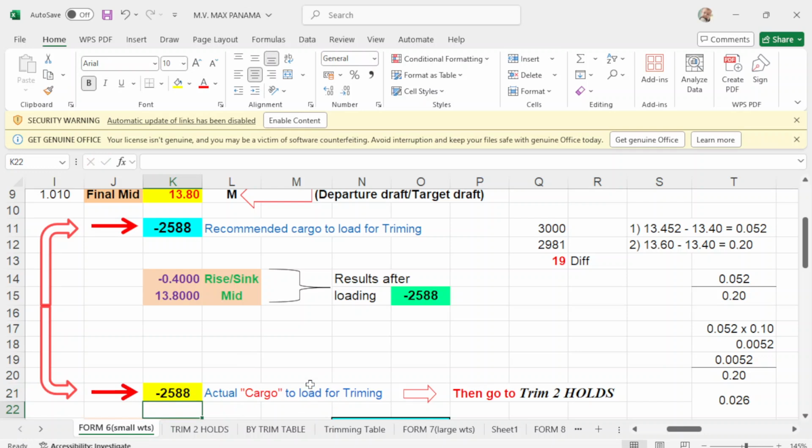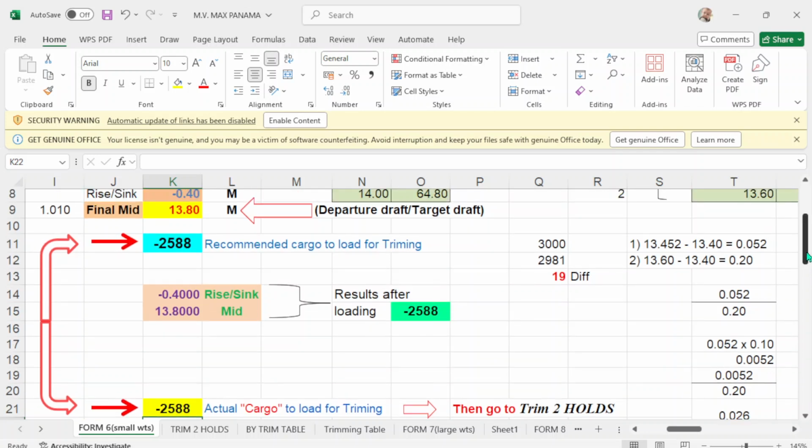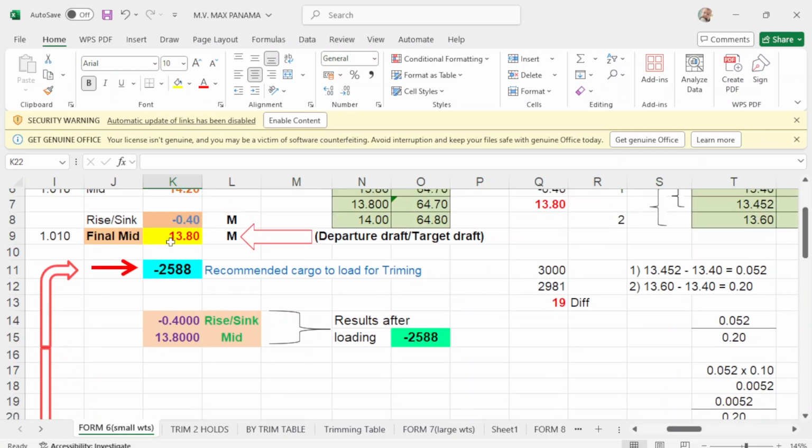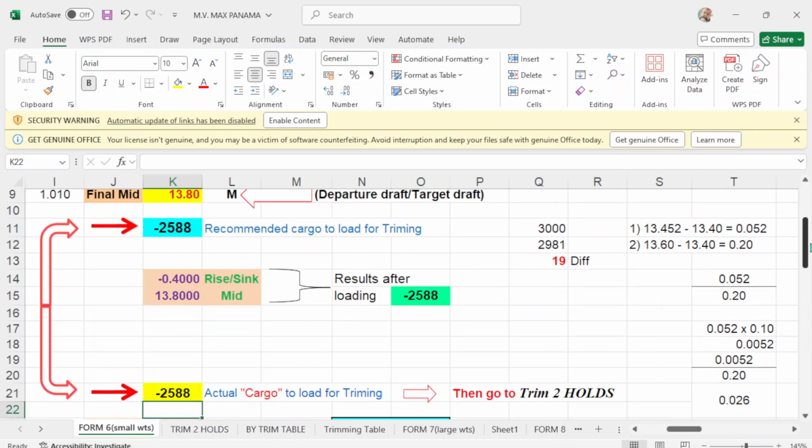What will be the result if you discharge this total amount? Your mid is 13.8, which is exactly the same here, and your rise is negative 0.40, which is the same. Okay, so that is already confirmed.